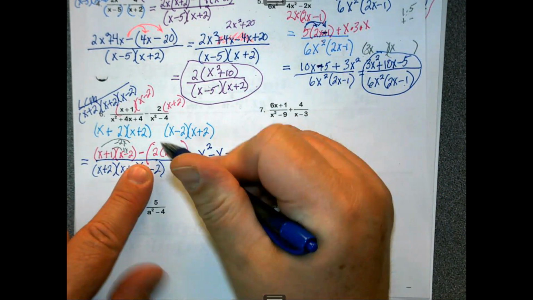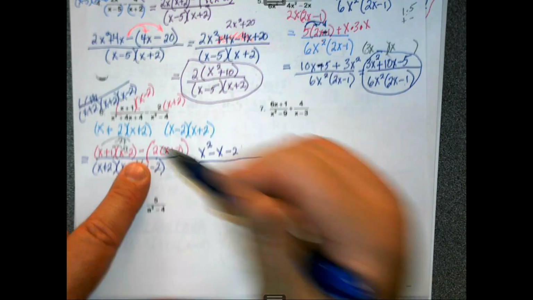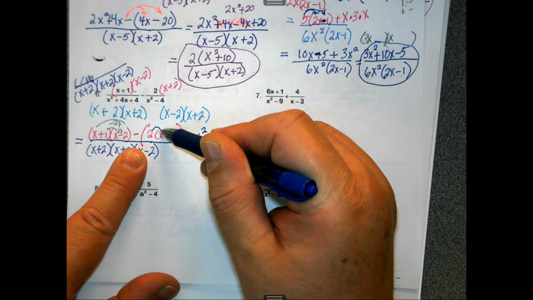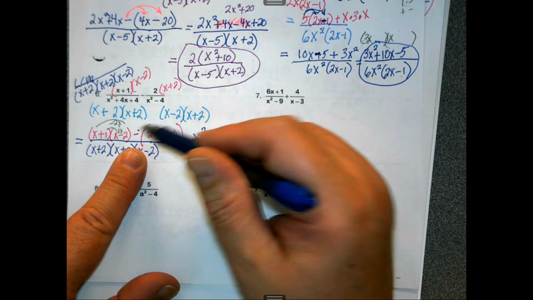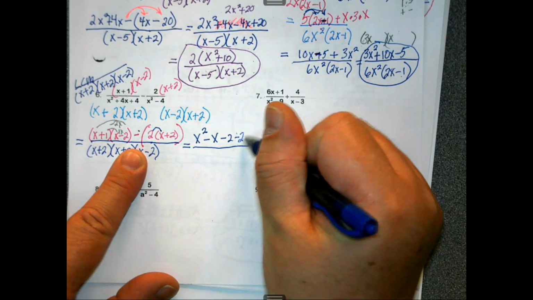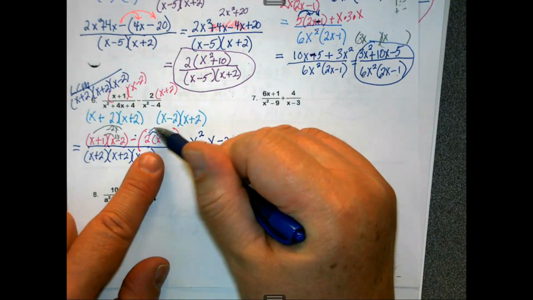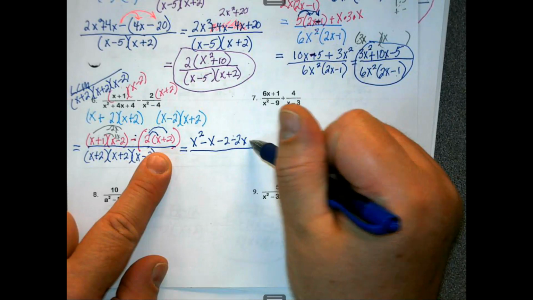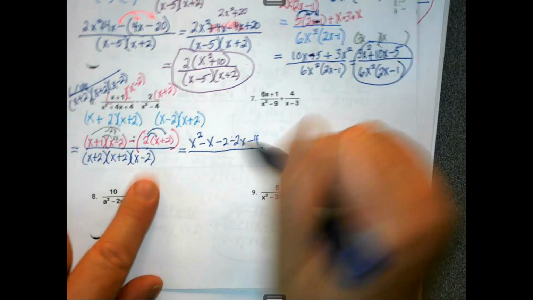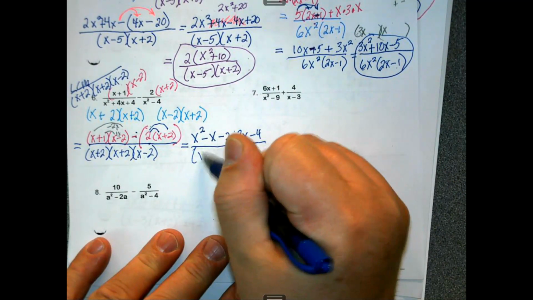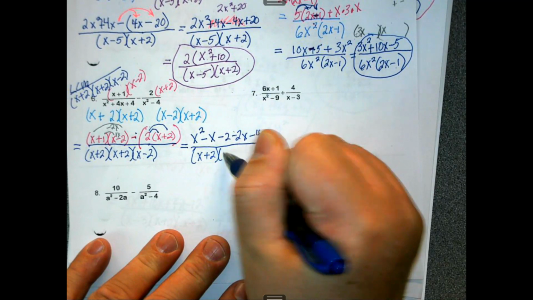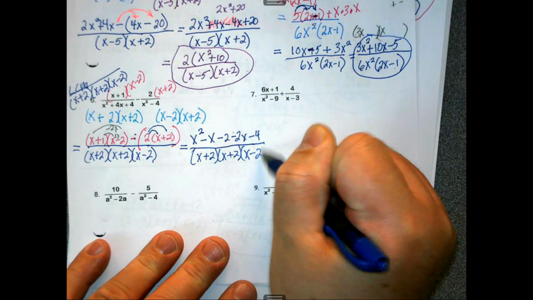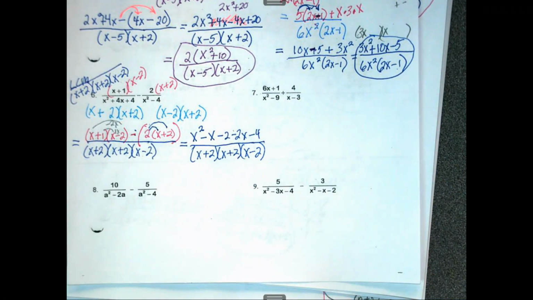Now let's try to do 2 steps at once. 2 times x is positive 2x, but I have a negative sign in front, so it's a negative 2x. 2 times 2 is positive 4. Change it to negative 4 because of that minus sign. All right, let's do some combining here.